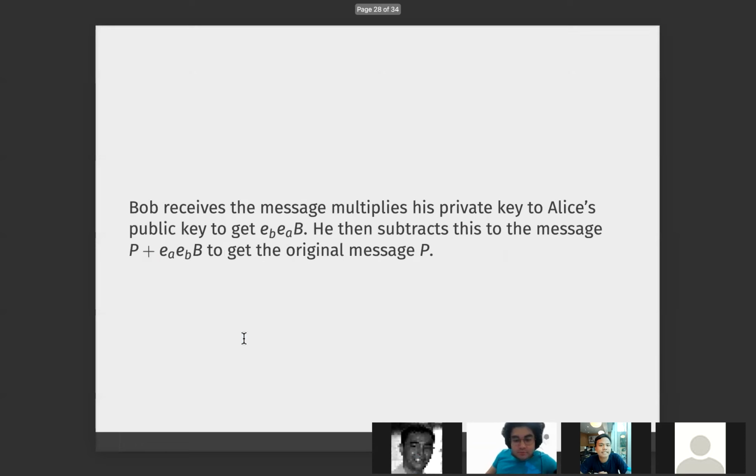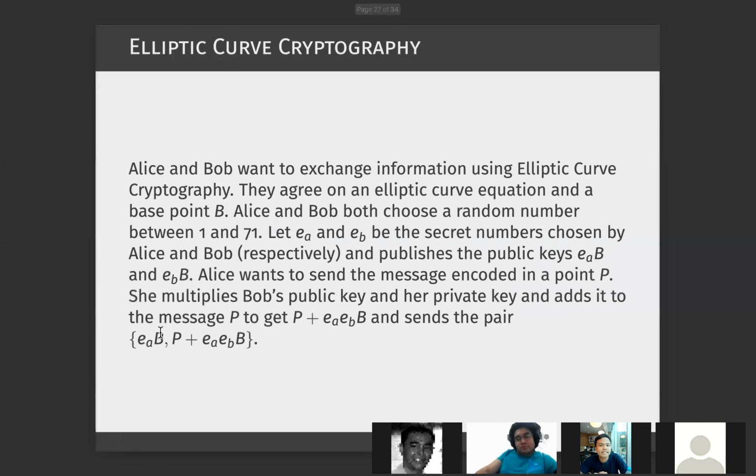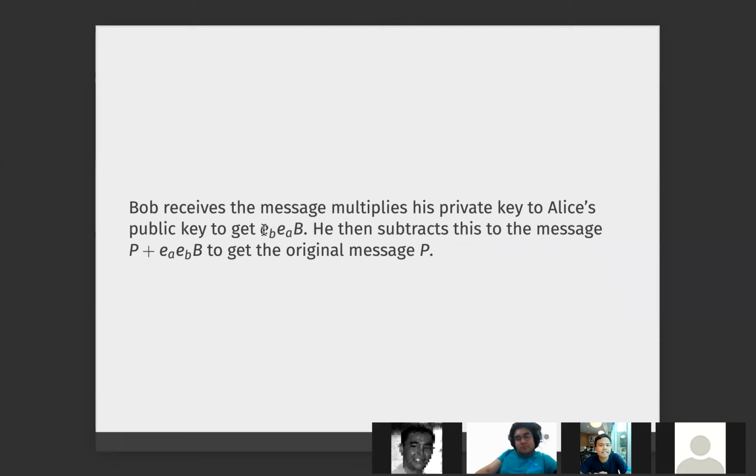So that is how to encrypt using elliptic curve. Before we apply that, Bob receives the message. He has his private key, E sub B. Since this was sent by Alice, what Bob needs to do is multiply Alice's public key with his private key to get this expression.